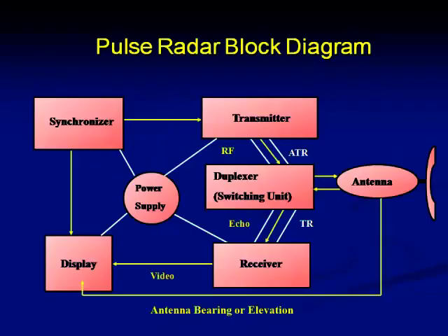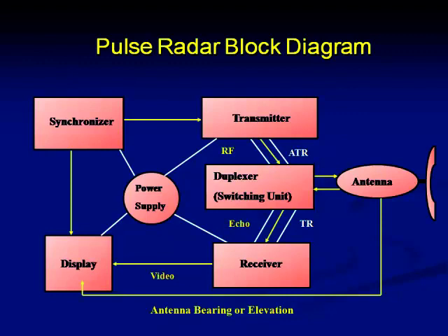In all these blocks, we have some basic knowledge of the synchronizer, transmitter, antenna, receiver, display unit, etc. But the fourth one, the duplexer, is a special component used only in radar systems.